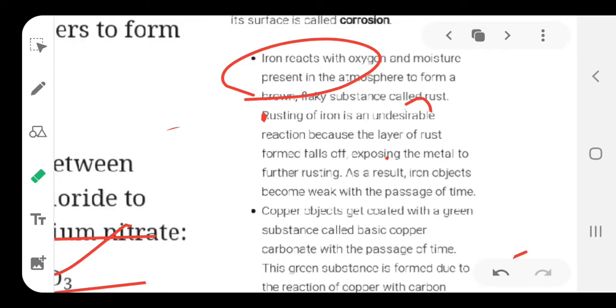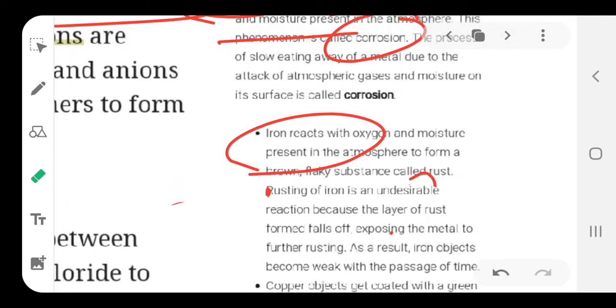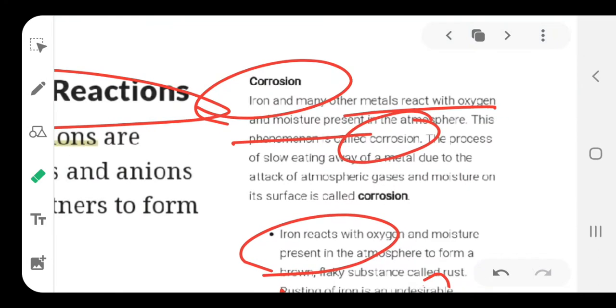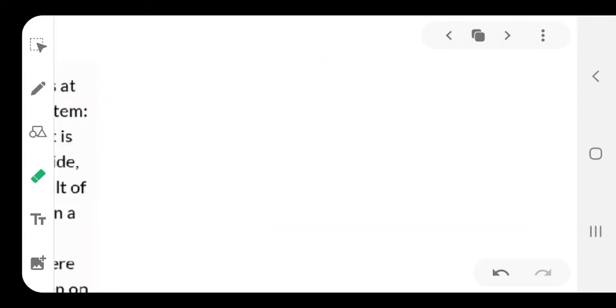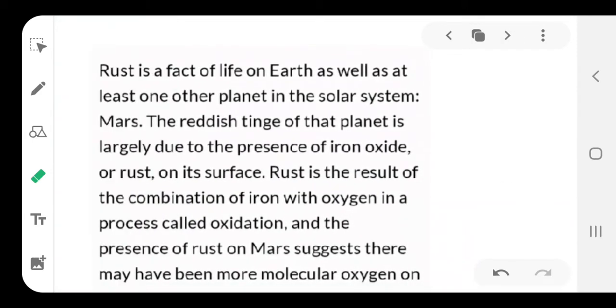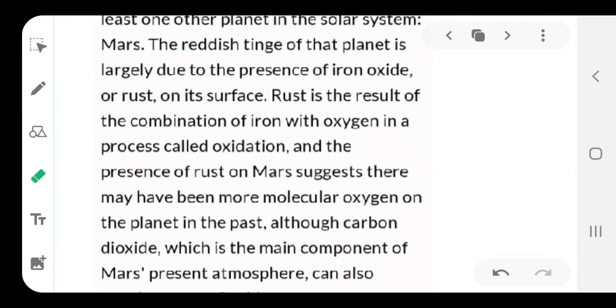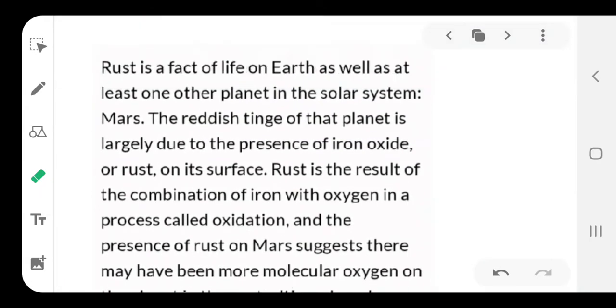So this is the mechanism in which the metal reacts with the atmospheric gases as well as water content, so they get rusted, or they get corroded. You can see some examples here, and make sure to write down the definition for this.